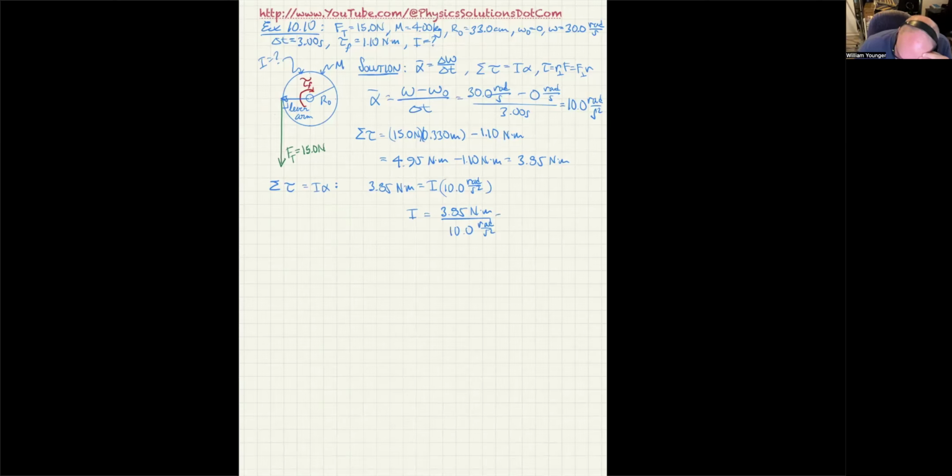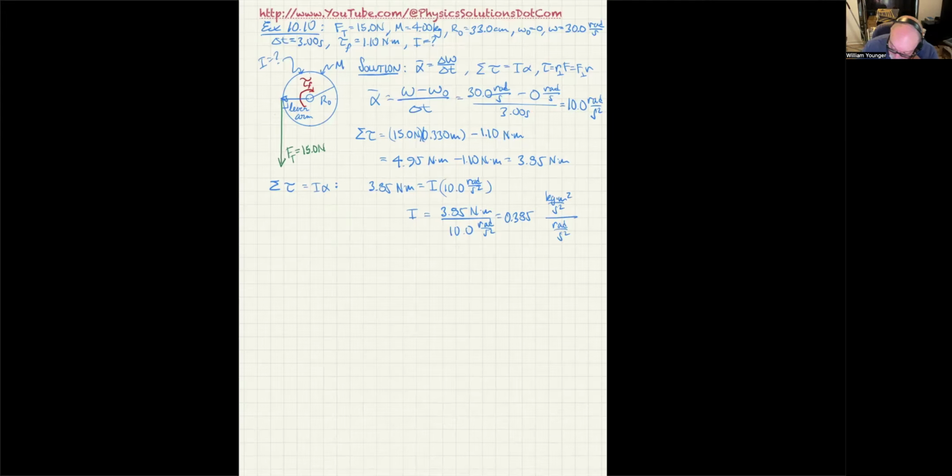But the Newton meter becomes, we get the number, by the way, 3.85 divided by 10 is 0.385, but I want to show you what's going on with the units. So the Newton is a kilogram meter per second squared, and then a Newton meter is a kilogram meter squared per second squared, and then we're dividing that by a radian, which again is a pure number, so we can drop that at will.